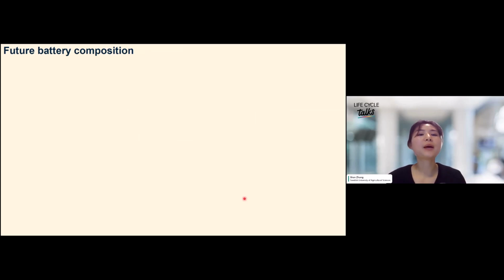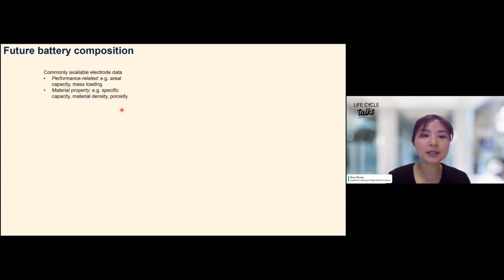As for the battery technology related data, it is very challenging to find direct data for emerging battery technologies. But battery studies usually report electrode performance related data like areal capacity or mass loading, which can serve as the input parameters to calculate the material required for emerging battery components in each battery cell.